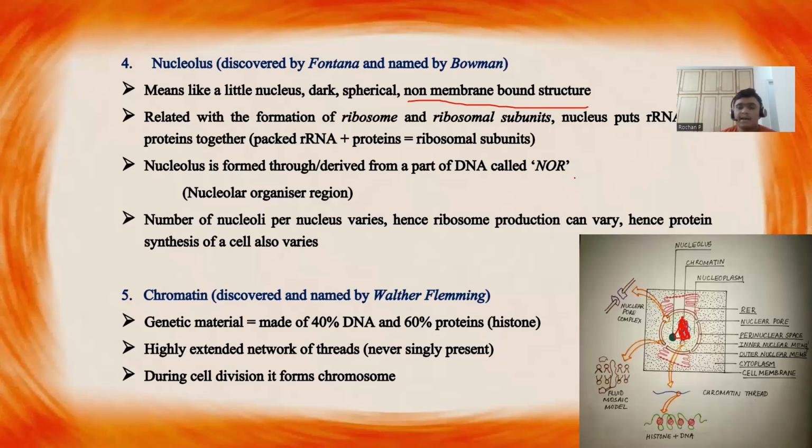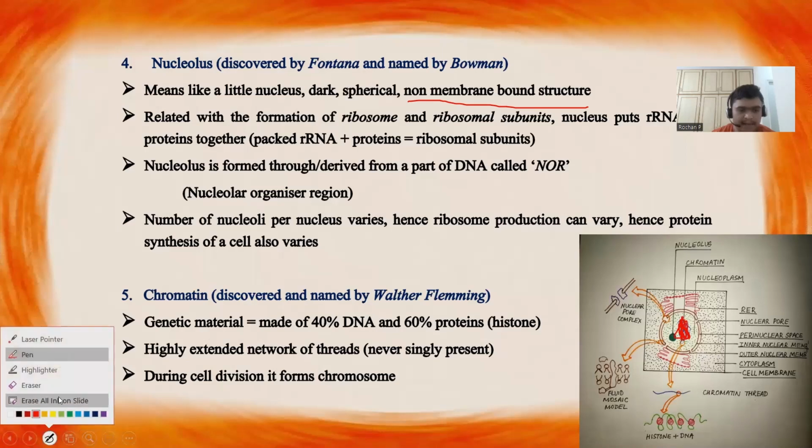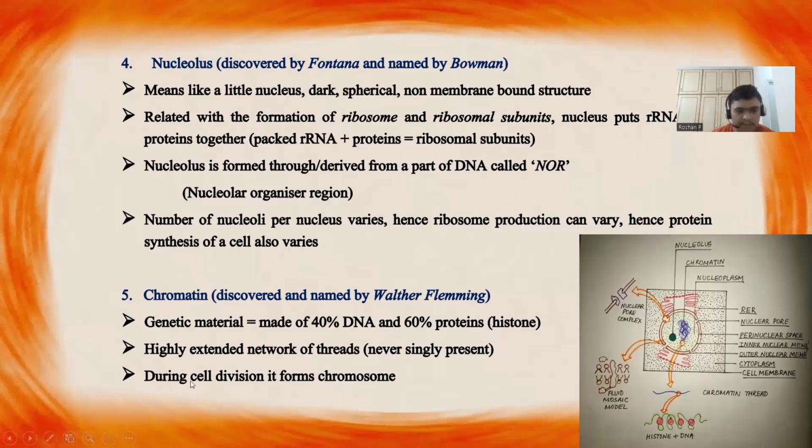When this NOR is producing nucleolus, it is not necessary that it produce only one nucleolus. A nucleus can have more than one nucleolus. So one is here, another one can be here, another one can be here, and there can be many nucleoli.